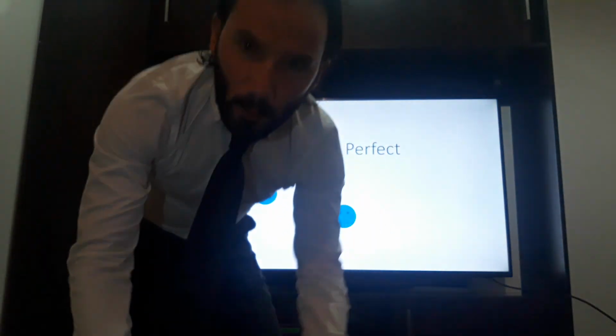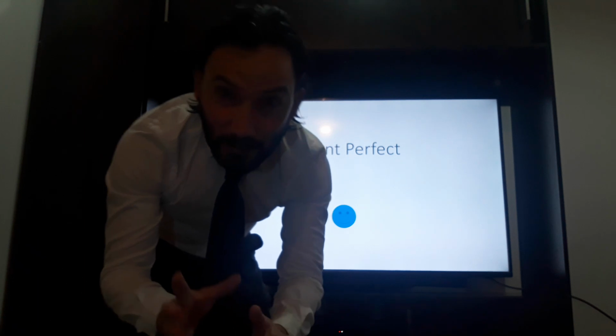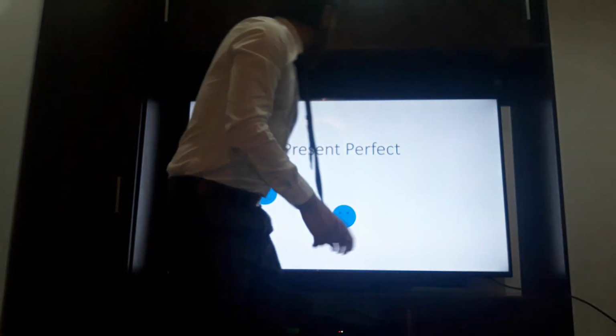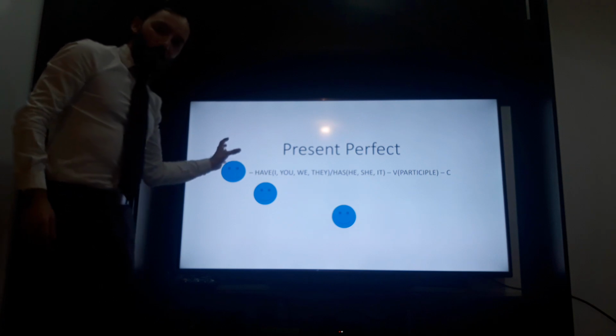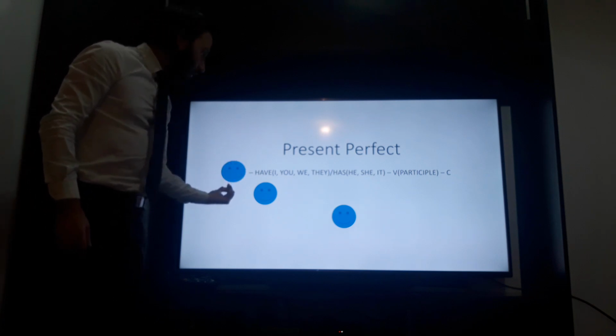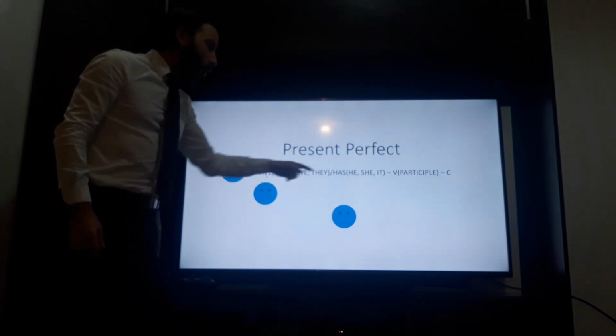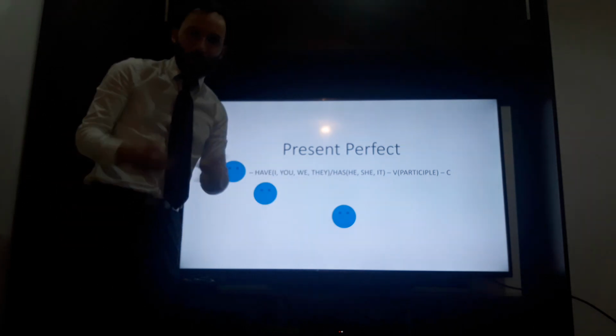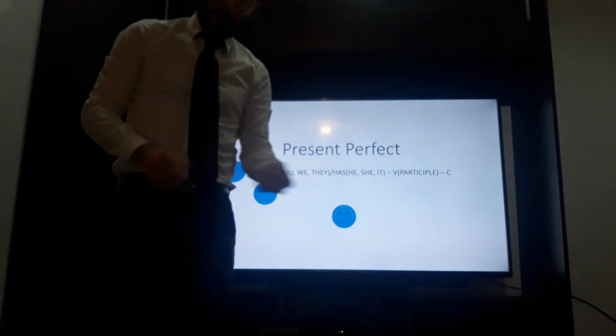Present perfect. Then we're gonna start with our structures. You know that very important here is to work with the structures, okay? Then we got, for the affirmative form, as always, our subject, auxiliary have or has for the third person, because you know the difference between the third person, he, she, and it.